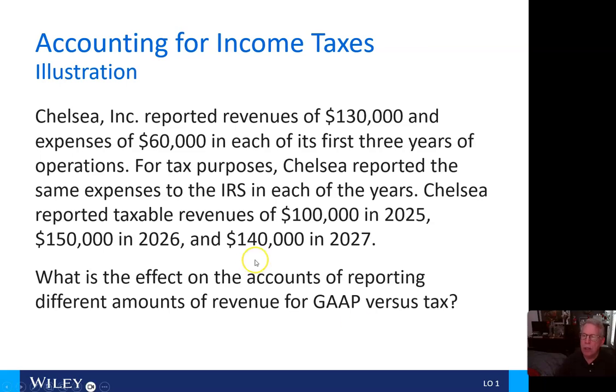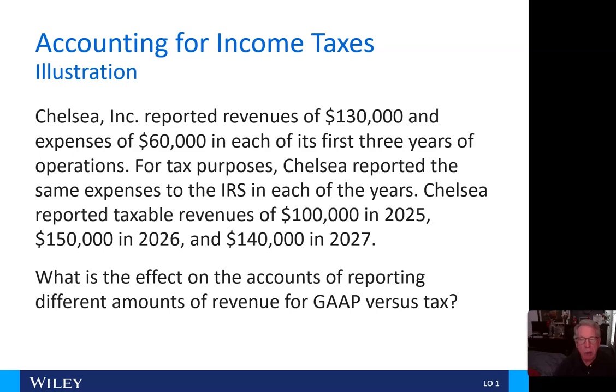Okay, let's look at an example here with Chelsea Incorporated. It reported revenues of $130,000 and expenses of $60,000 in each of its first 3 years of operations. For tax purposes, Chelsea reported the same expenses to the IRS in each of the years.